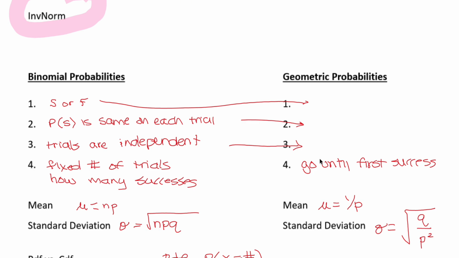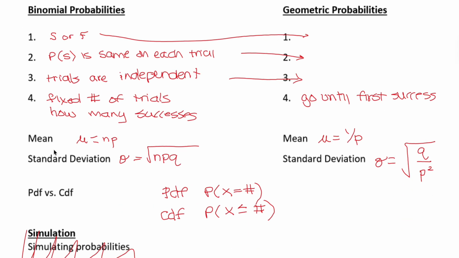You're going to go into your calculator and do all of that. But for binomial, you will never encounter that type of question. And that's also a hint. If the question tells you to go until the first success, then you're going to use geometric. Otherwise, it's binomial.